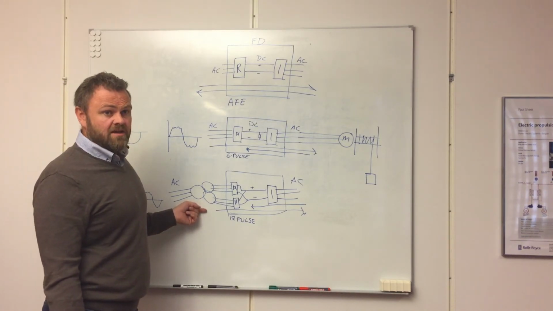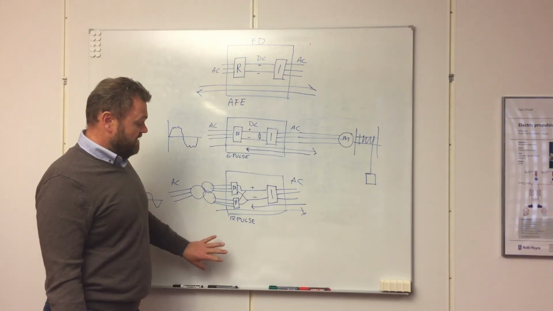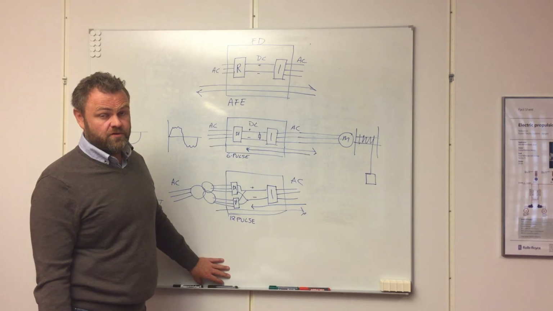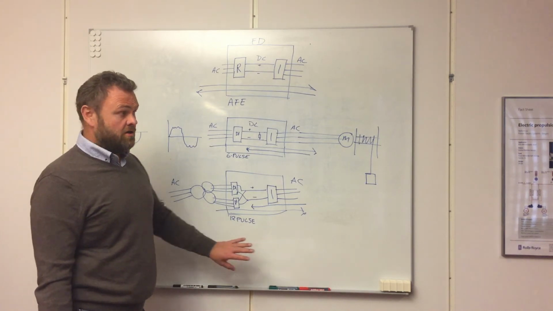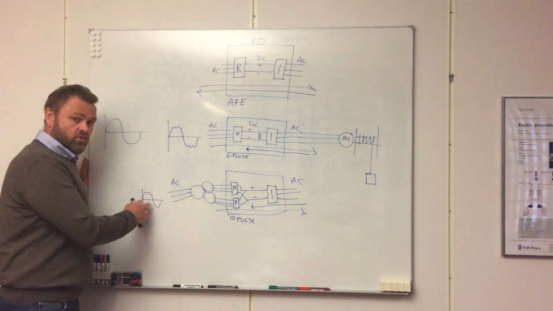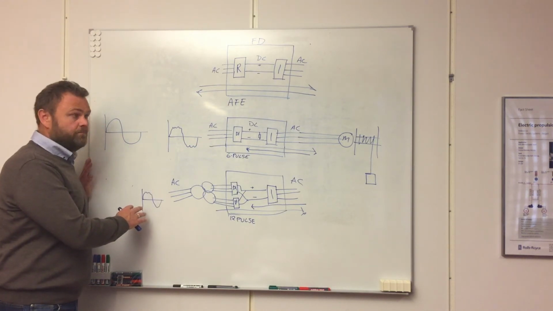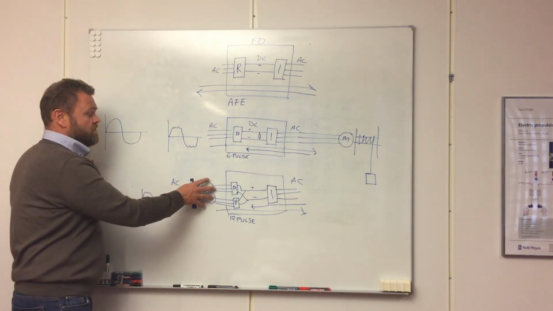And for even bigger vessels, you may have seen 18 pulse and 24 pulse solutions for main propulsion to keep the distortion at an acceptable level.